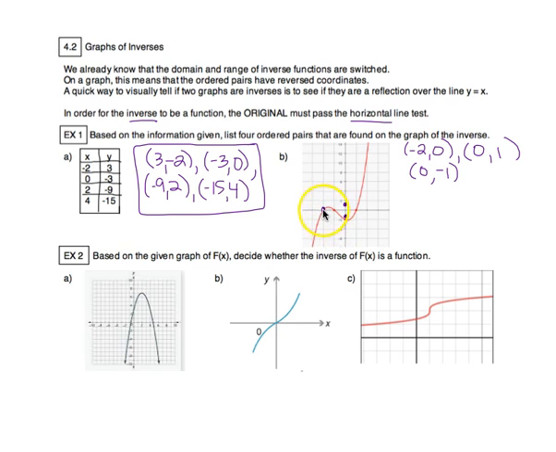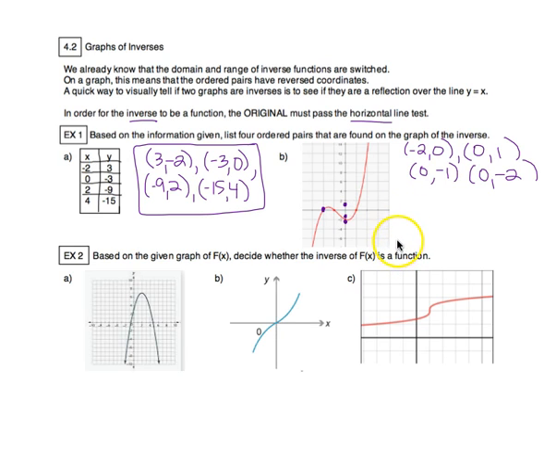And then finally, this original point that was -2, 0 becomes 0, -2, which is right here. So these would be our list of the coordinates that we know are going to be on that inverse.